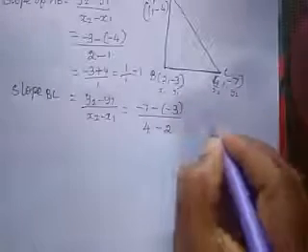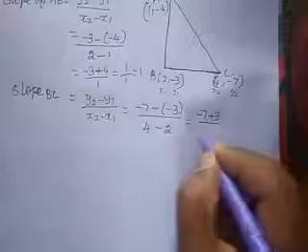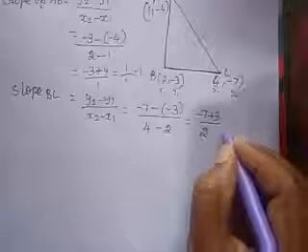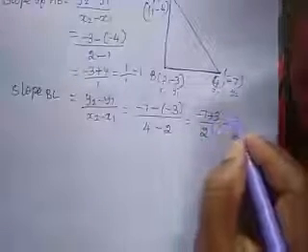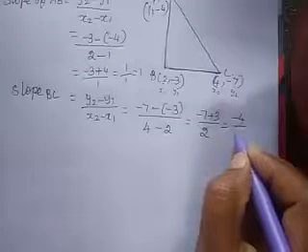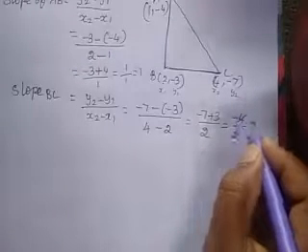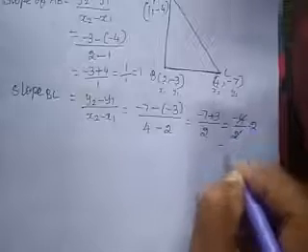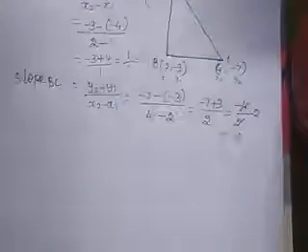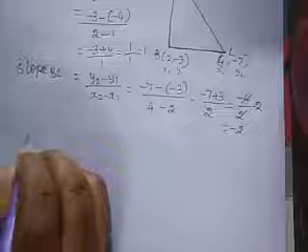Minus 7, minus of minus 3 is plus 3, by 4 minus 2 is 2. Minus 7 plus 3, that is minus 4 by 2. 1 2 is 2, 2 2s are 4, that is minus 2. Next, slope of AC.